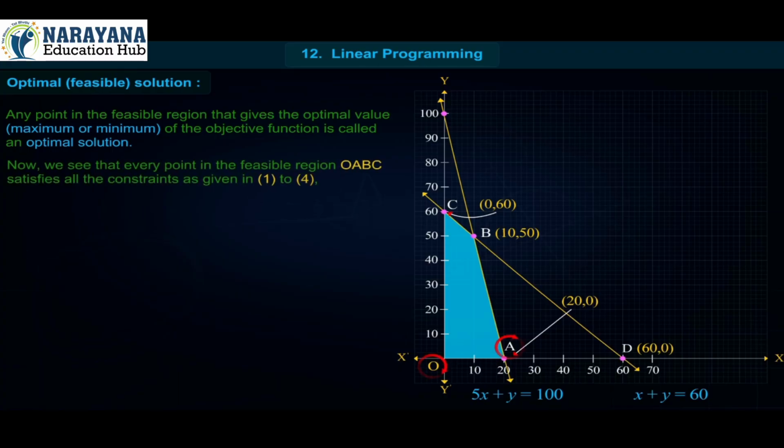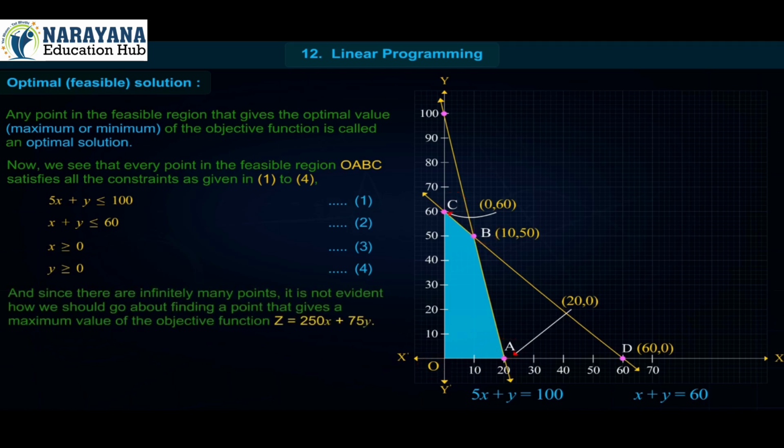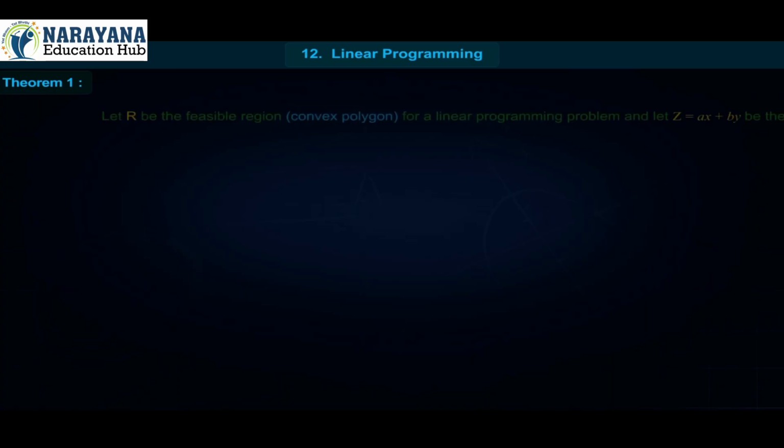Now, we see that every point in the feasible region OABC satisfies all the constraints as given in equations 1 to 4. And since there are infinitely many points, it is not evident how we should go about finding a point that gives a maximum value of the objective function z = 250x + 75y. Theorem 1.